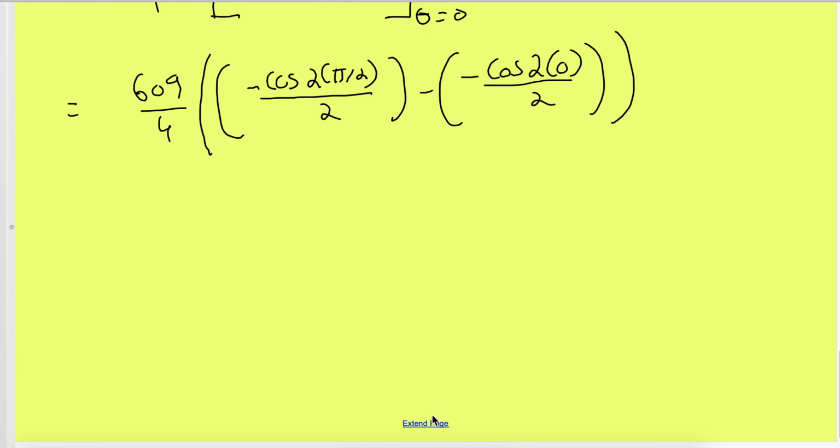So remember your calculator needs to be in radians, so negative cos pi divided by 2 is a half.